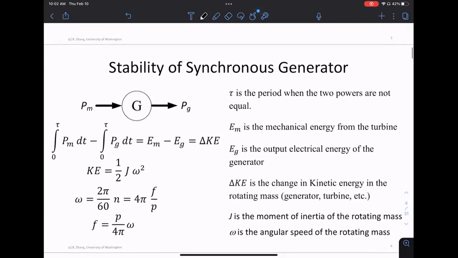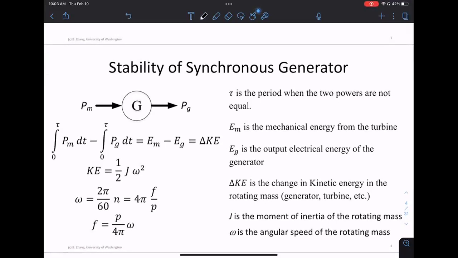The reason this is simple is that you have this nice J omega squared equation. So let's parse this page and see what it says. Some input power, some output power. If everything is steady state, Tm is equal to Pg and nothing happens. If there's an energy imbalance, this energy has to show up somewhere.